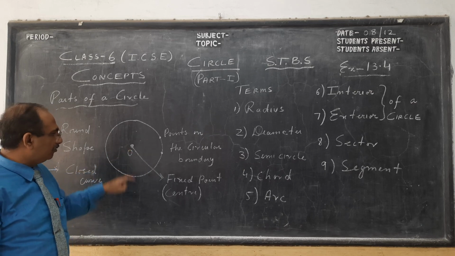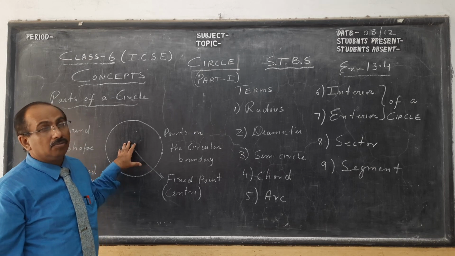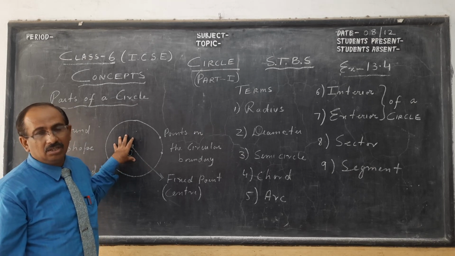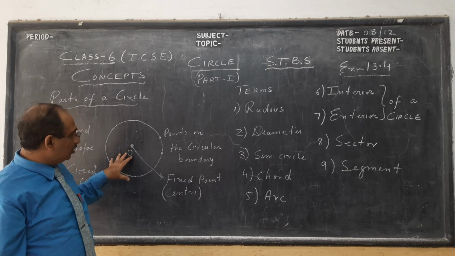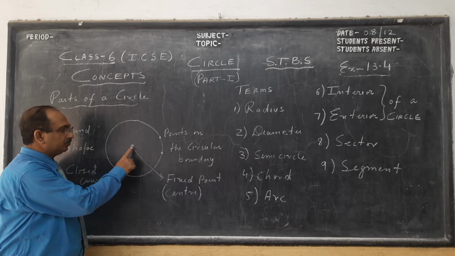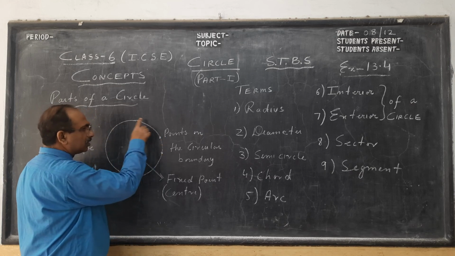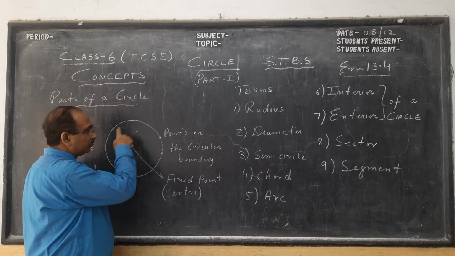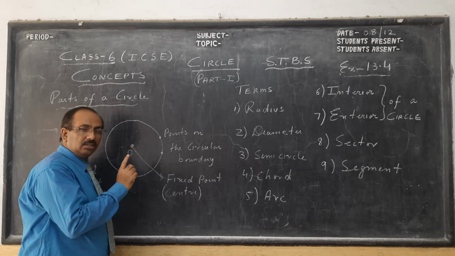I have already made one or two lessons on construction of a circle, how we construct it in geometry. I made 2 videos a few days back. Now this fixed point is called the center of the circle, and all the points on the circular boundary are called the circumference. There is another word, circumference, which is called perimeter in other figures.